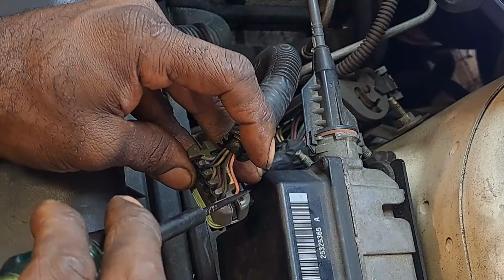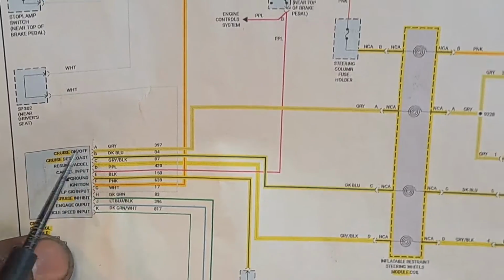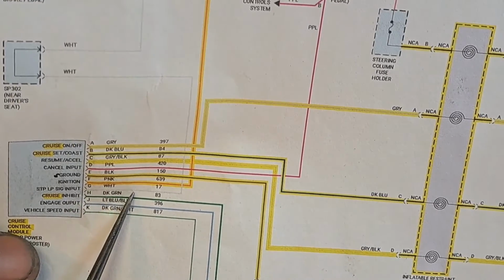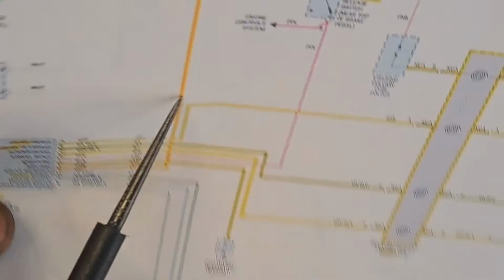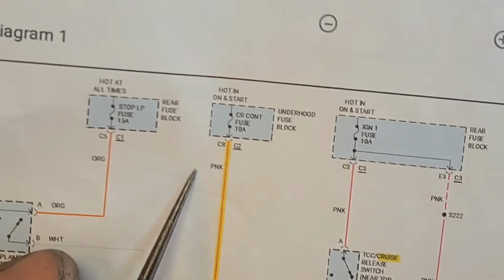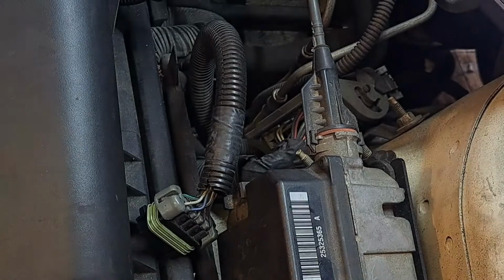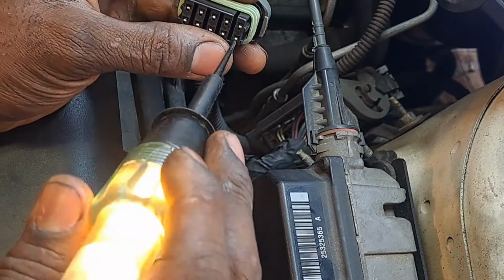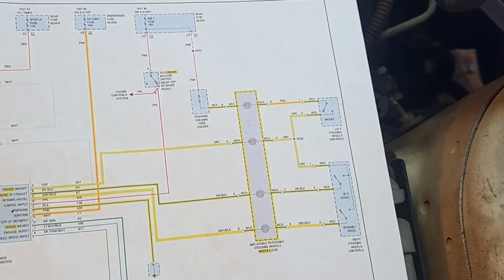Based on the wiring diagram, this pink wire runs all the way up and over to an under hood fuse block, which is this 10 amp fuse. It should be constantly hot, and we should get an illuminating test light. We do. Let's mark this out here.